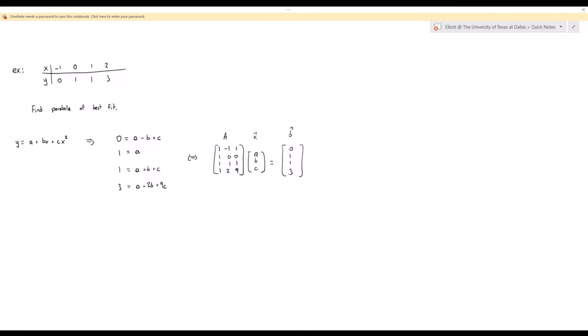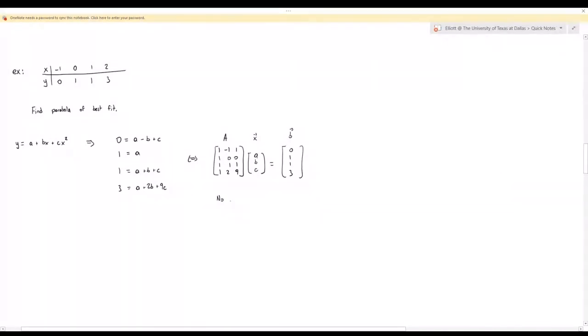Again, we can presume that there would be no solution to this system of equations, since there is no parabola that passes through the 4 points.